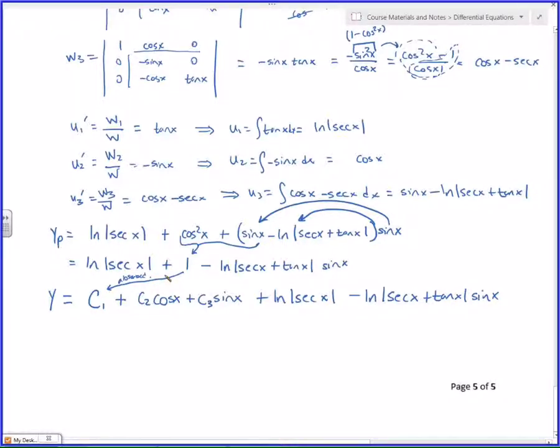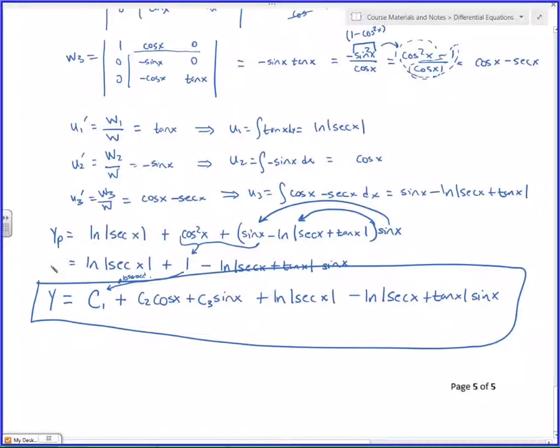It's not wrong the other way, but realize that every time you solve for C1, C2, and C3, that 1 is going to add to the C1, whatever's there. So you might as well just solve for that one constant instead of that constant plus 1. That's it. That's variation of parameters.